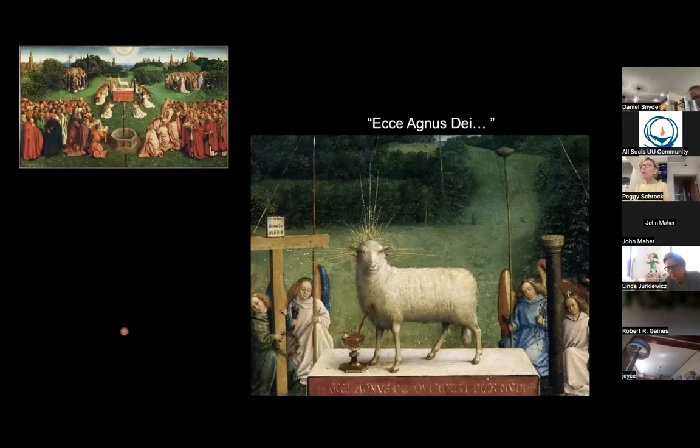Is that correct? No, it's not the beginning of the mass. I mean, mass has been around for a long time. It's just that this image symbolizes that. It's a symbol, and it links. Okay, because I figured that was around longer than this picture. Yes, mass has been around for a very long time. It's not just beginning. But this is how it's all brought together as a symbol in imagery.